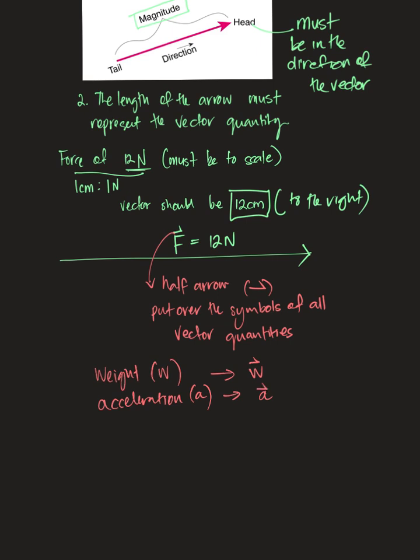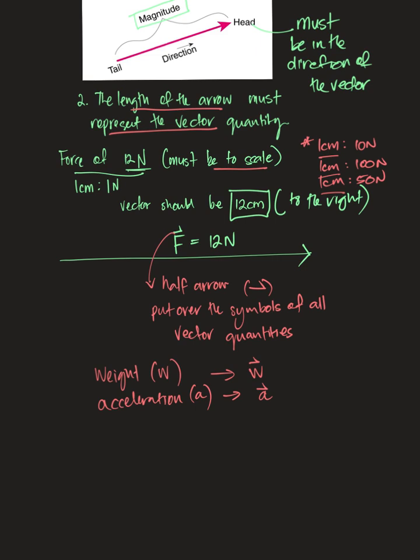Right? So, like we were saying, the length of the arrow must represent the vector quantity. There must be a scale. Your scale can even be 1 centimeter is to 10 newtons, or 1 centimeter is to 100 newtons, or 1 centimeter is to 50 newtons. Any type of scale. But we always start with centimeters to newtons.